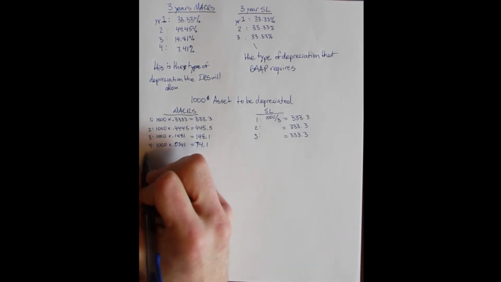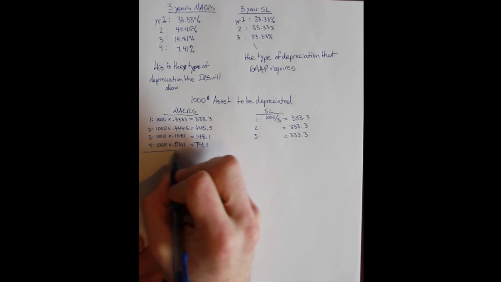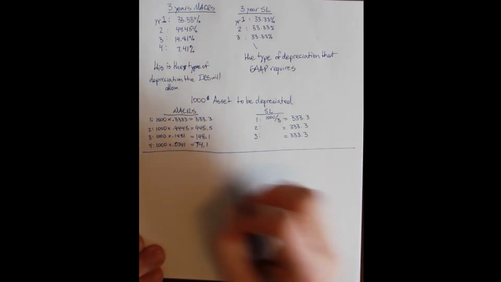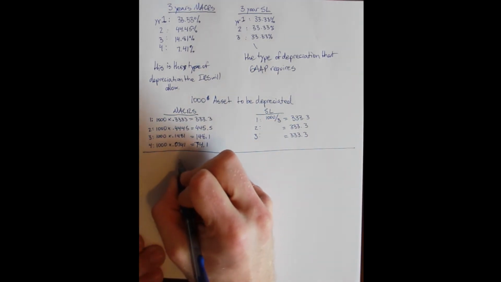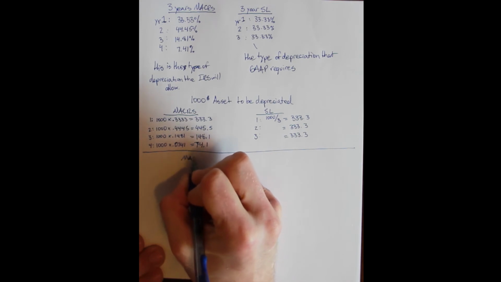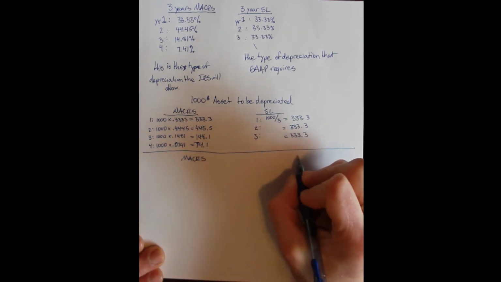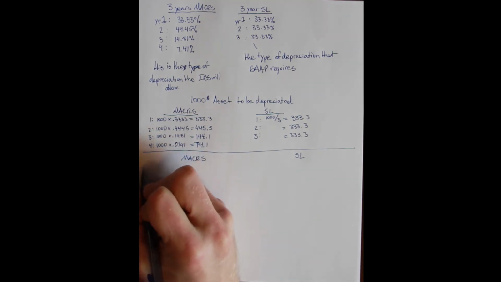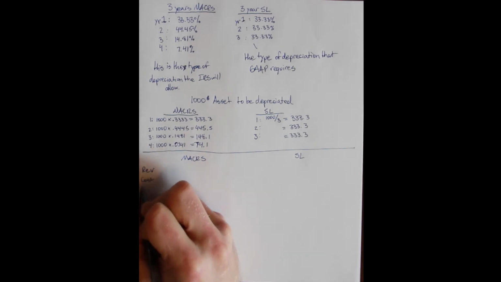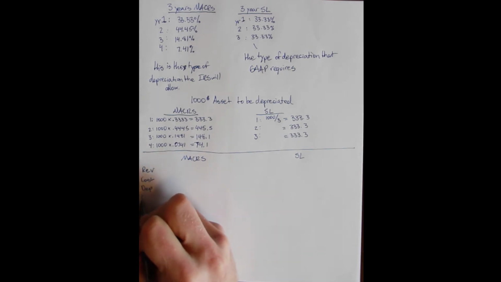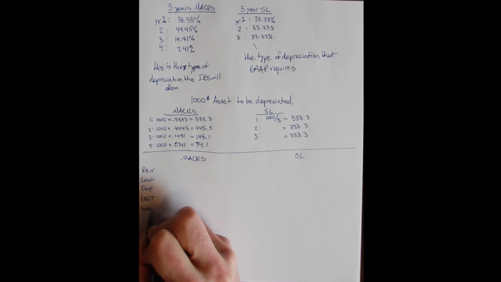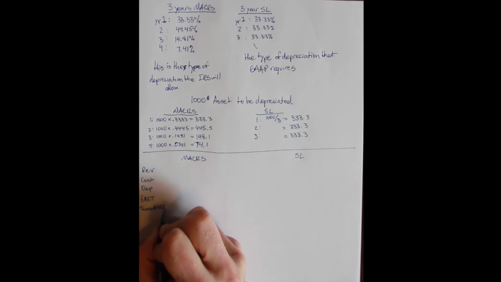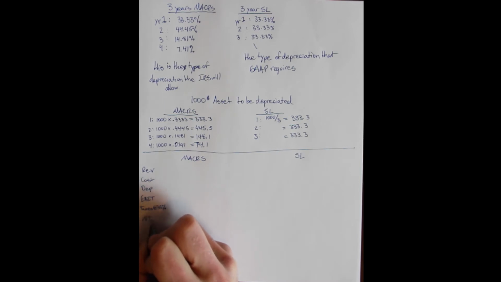So let's see how this looks on the income statement. I'm going to write two income statements. The first one is going to be a MACRS income statement, and the second one is going to be a straight line statement. Right? So I'm just going to write revenue, cost, depreciation, EBIT, taxes at 35%, and net income.